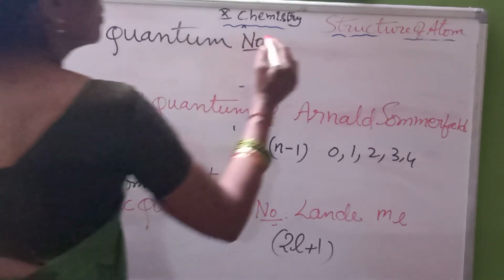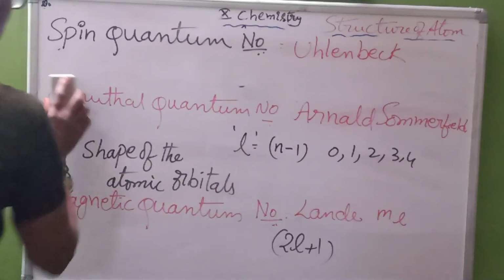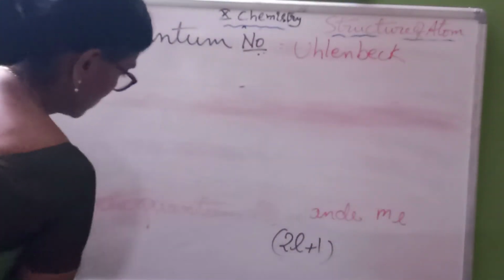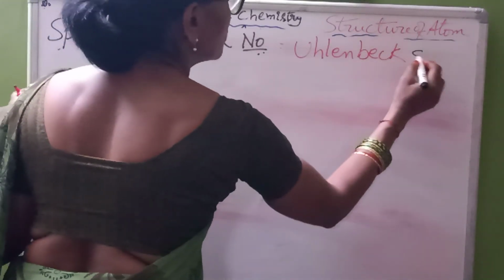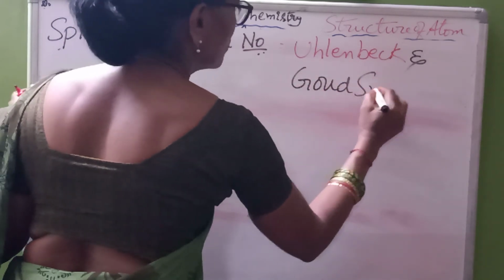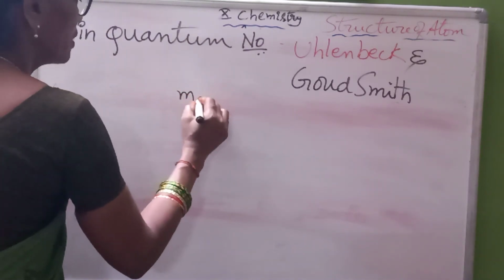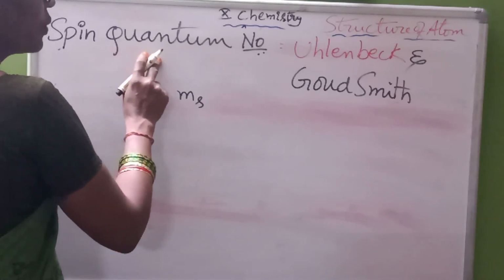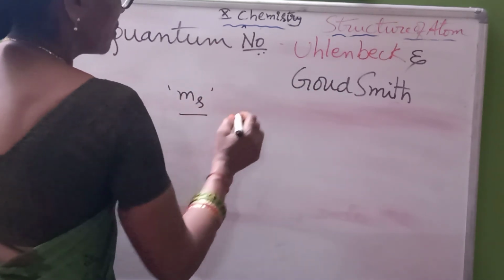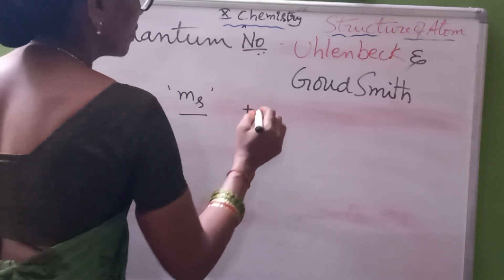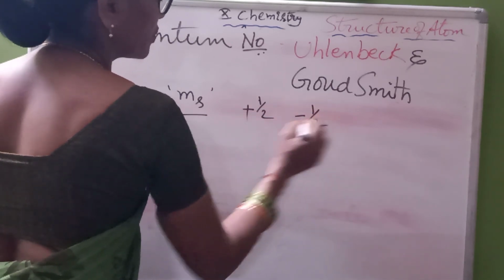It was proposed by Uhlenbeck and Goudsmit, and it is designated with ms. This shows that the electron has a clockwise spin, represented like this, or an anti-clockwise spin, represented like this.